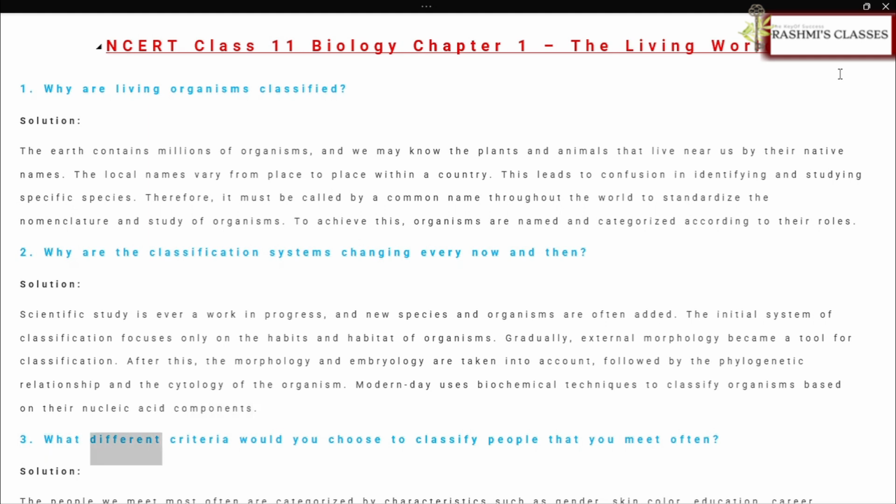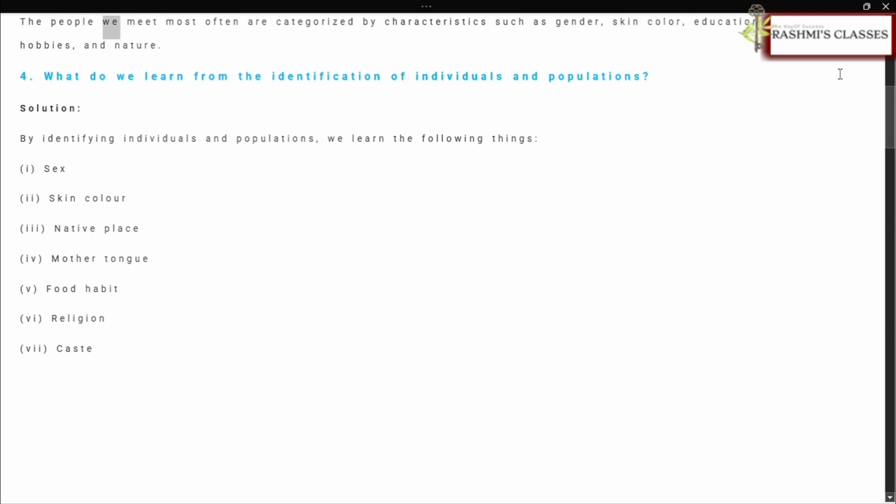3. What different criteria would you choose to classify people that you meet often? Solution. The people we meet most often are categorized by characteristics such as gender, skin color, education, career, hobbies, and nature. 4. What do we learn from the identification of individuals and populations? Solution.